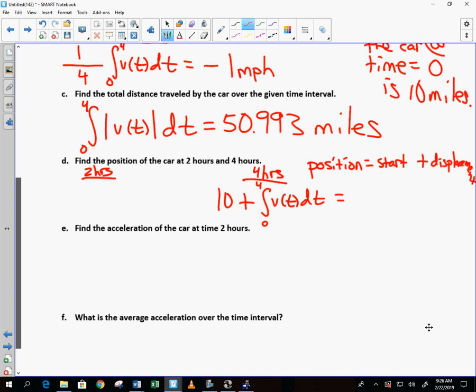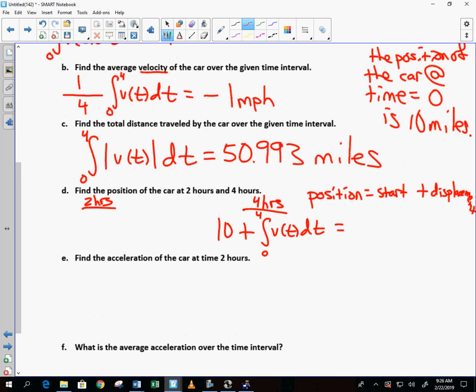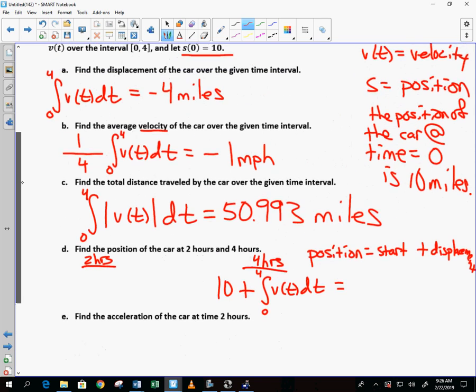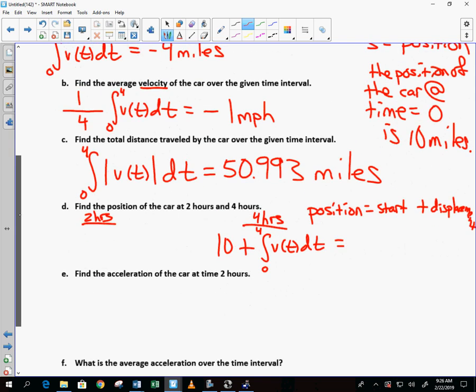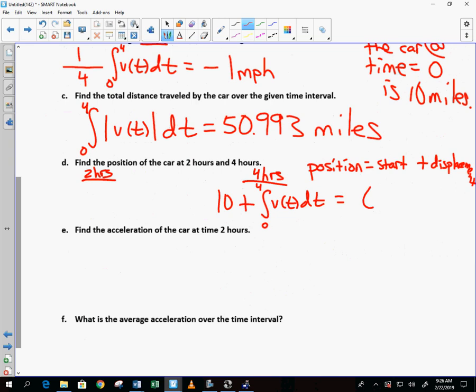The integral from 0 to 4 of v of t dt is -4, so you come up with 6. So this one is located at position 6 miles.